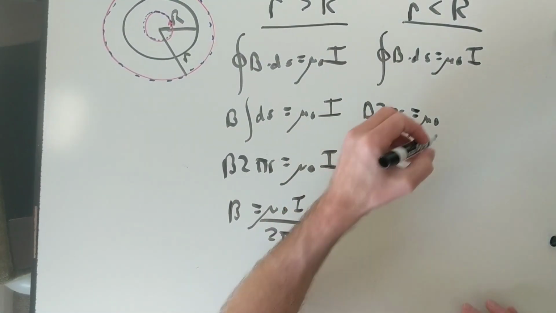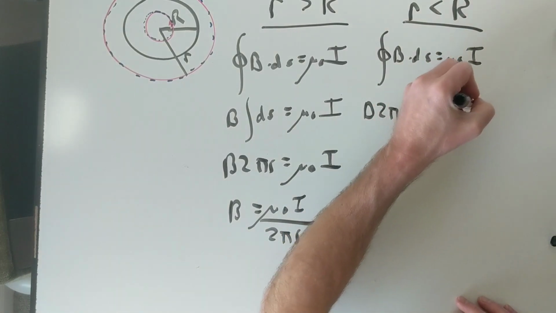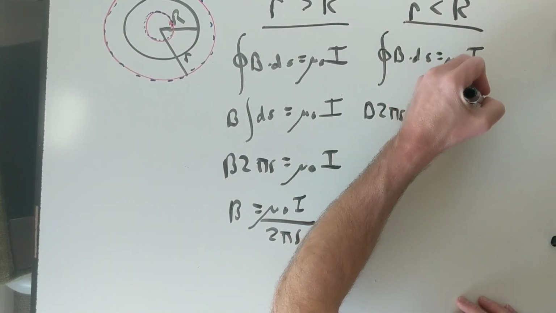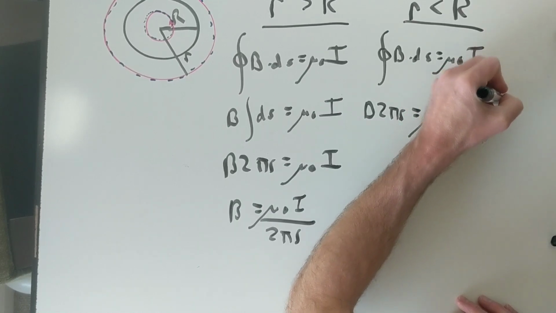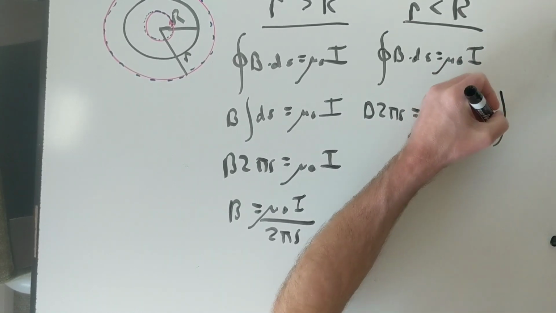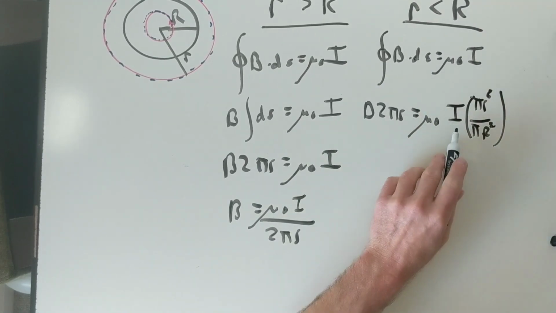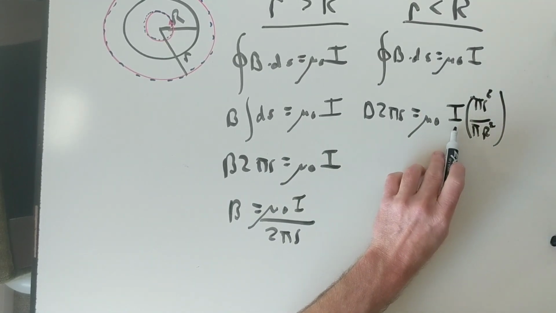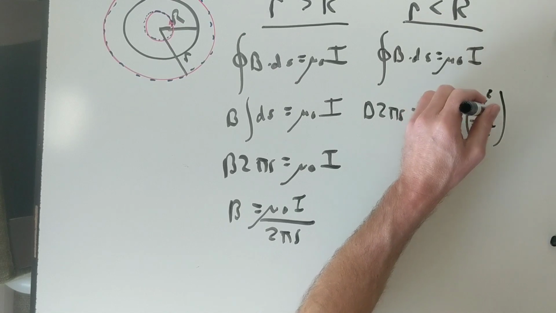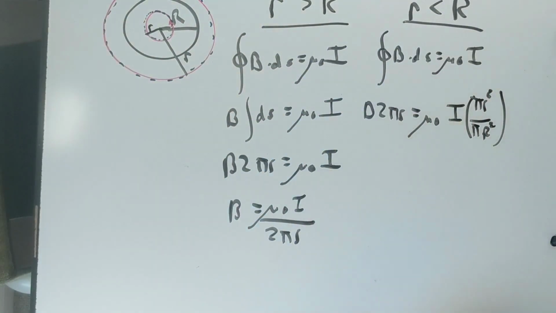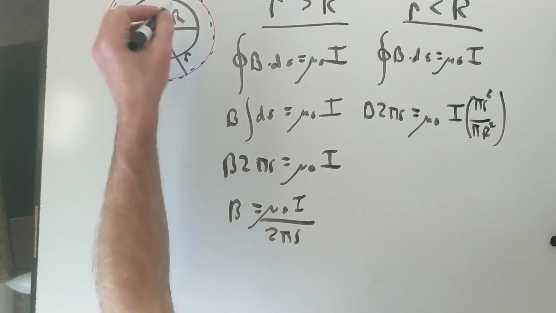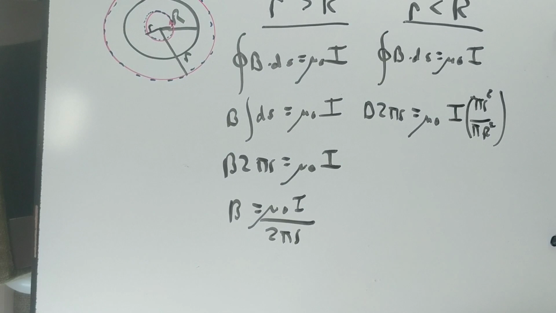So what I do is I use a ratio of the areas, because for that current, it's pi little r squared over pi big R squared. So this is not the whole current. This little r, which again is where you are, that amount divided by the whole amount is the fraction of the current.